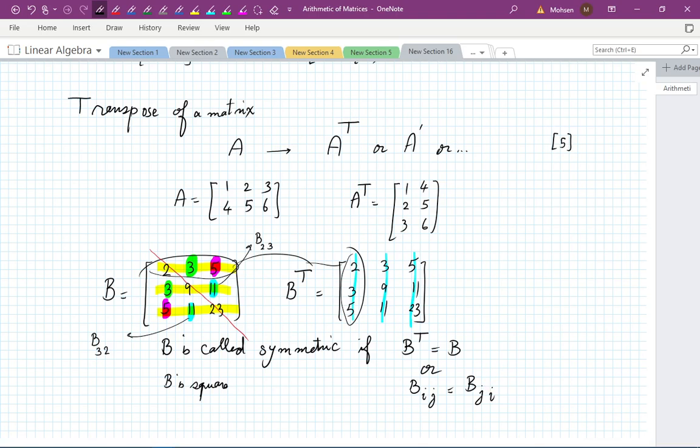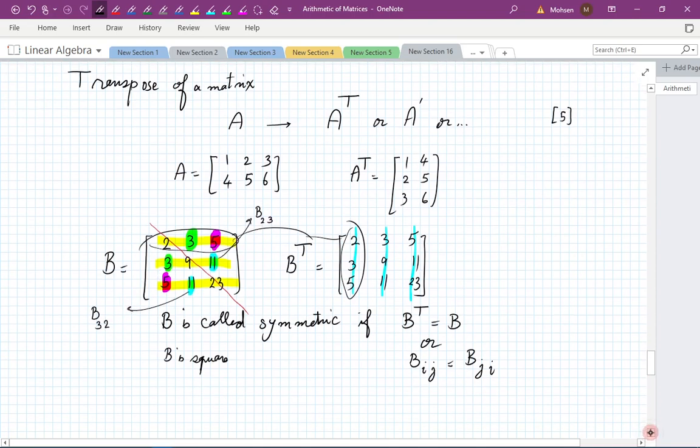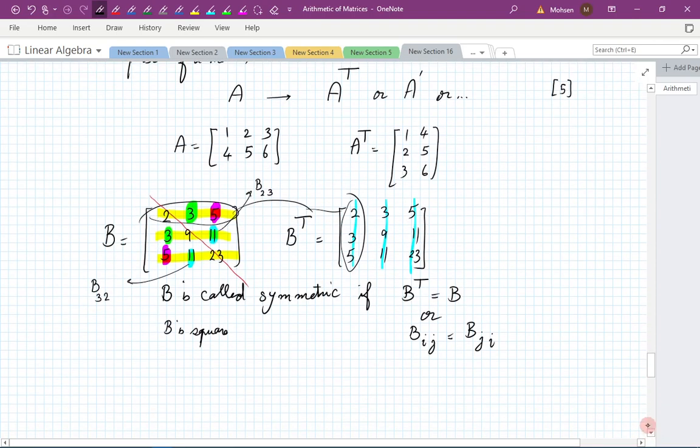This must be true. On the diagonal this is trivially true. If you have b11, it's the same as b11 anyway, but we need b23 to be the same as b32, b12 the same as b21, and so on. Okay, so that was a little bit about the symmetric matrix.